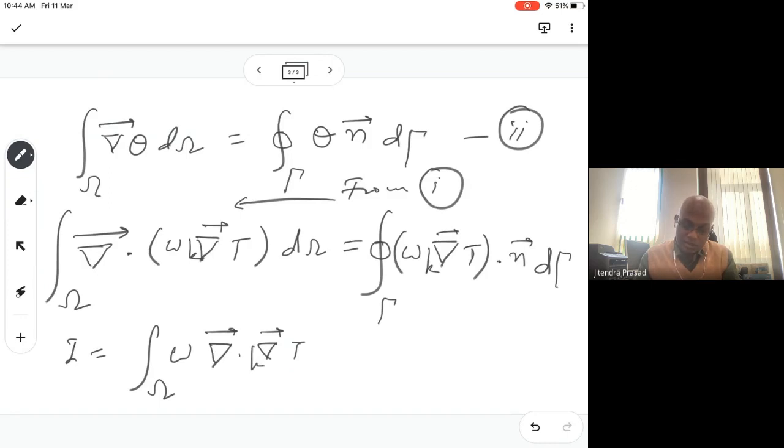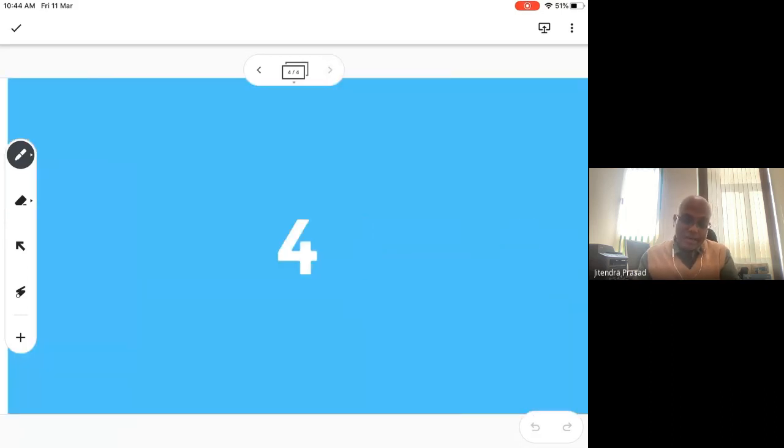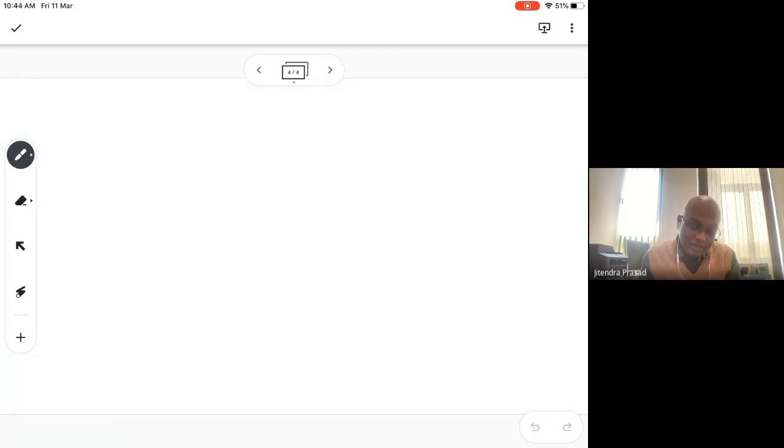So we have this so far. Now we have this dot W K, where K is constant.